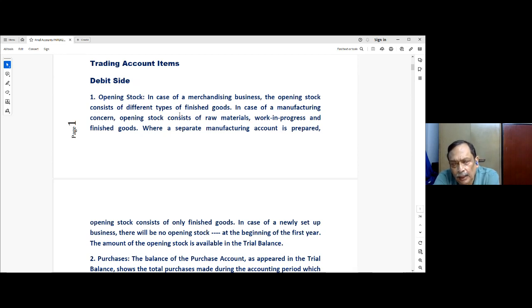In case of a merchandising business, the opening stock consists of different types of finished goods. In case of a manufacturing concern, opening stock consists of raw materials, work in progress, and finished goods.